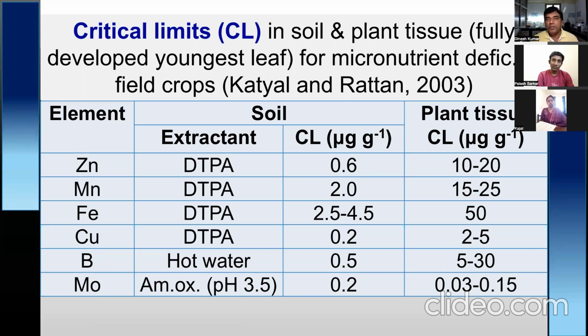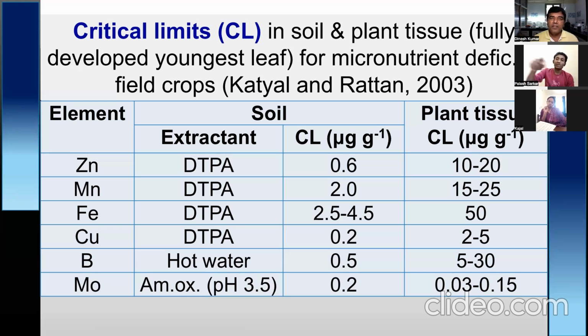And also you need to mention the age or stage of the plant, because critical concentration varies with the stage of the plant. And sometimes it also varies with the soil type. So there are many variables which affect the critical concentration.